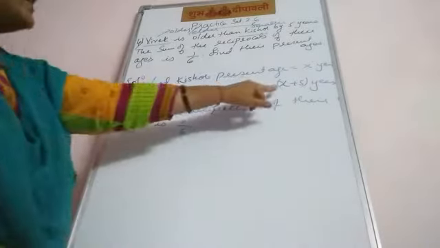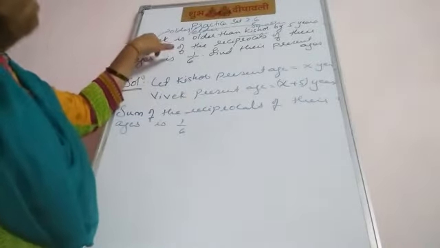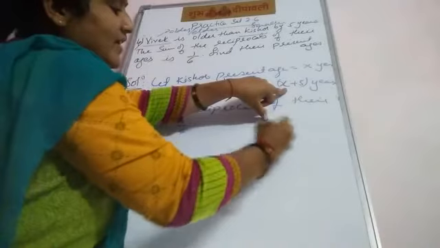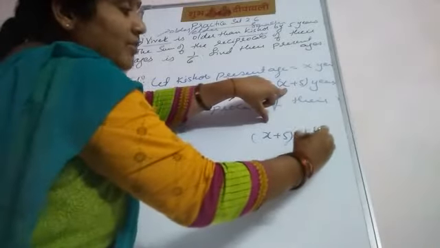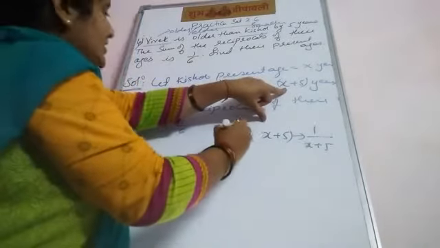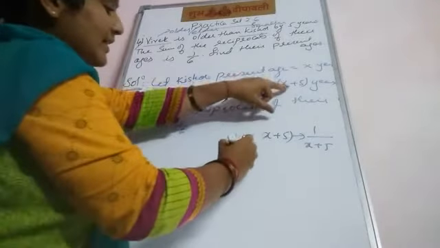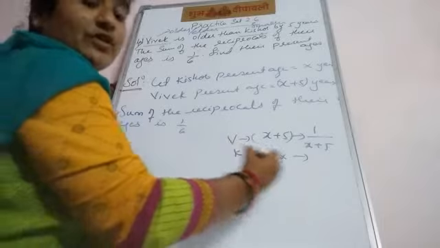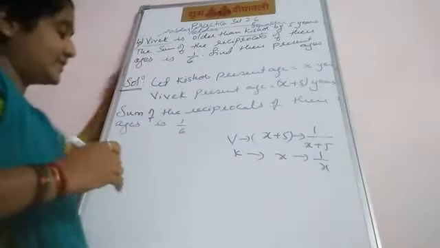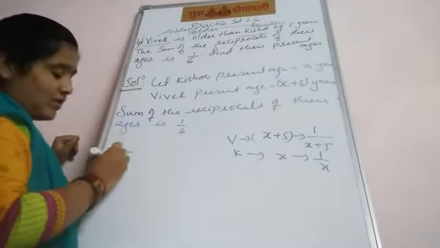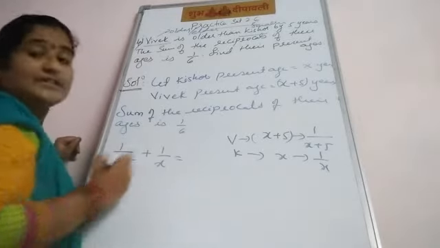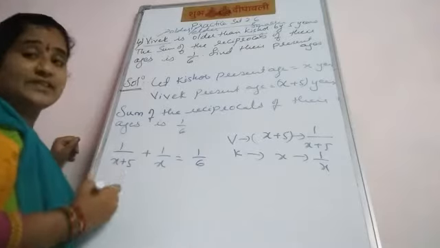First I will write Vivek: x plus 5, reciprocal 1 upon x plus 5. This is Vivek. And Kishore is x. What is the reciprocal of x? 1 upon x. So 1 upon x plus 5 plus 1 upon x is equal to 1 upon 6.